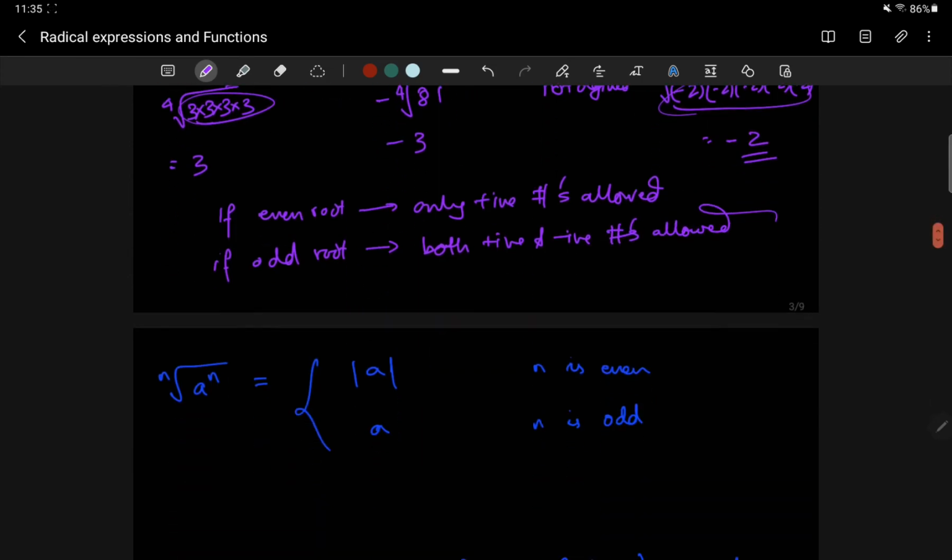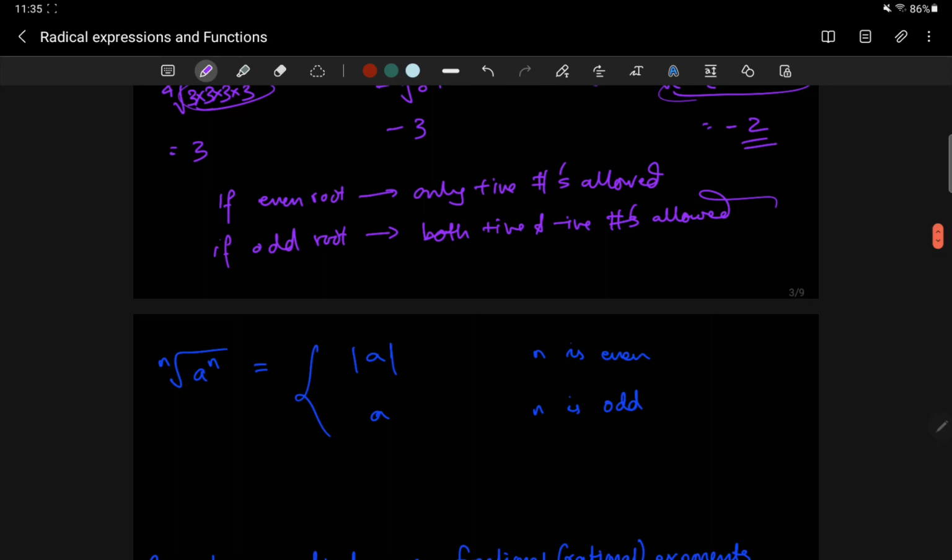So how we express that result is that we say, this would read as nth root, yeah? So for square, we have a special name. For cube, we have a special name. But after that, we just start saying 4th, 5th, 6th, 7th, 8th, 9th, etc.